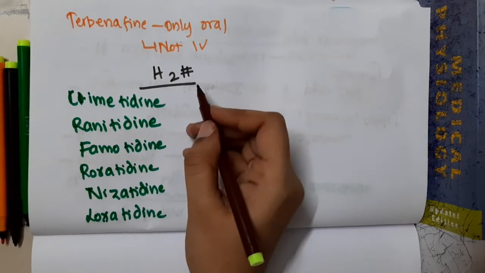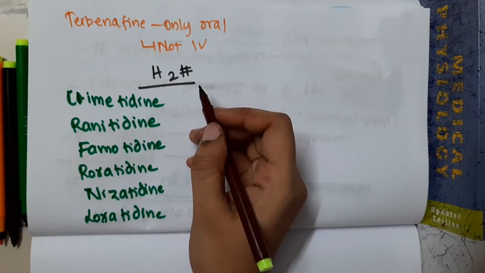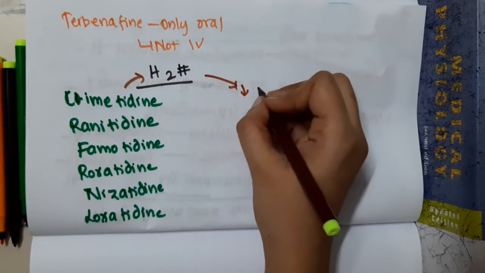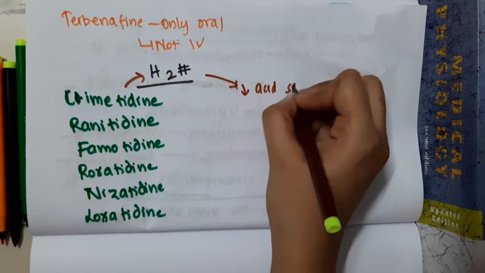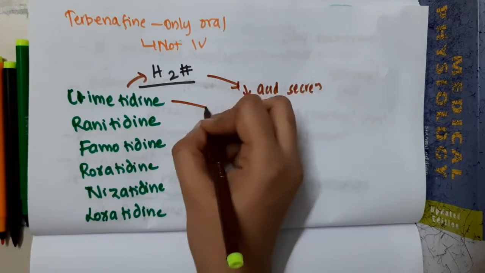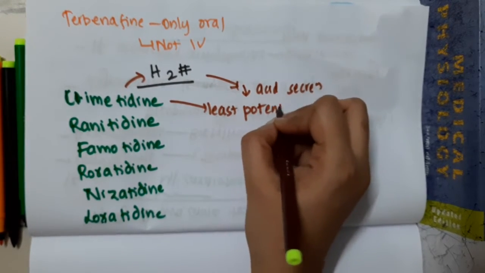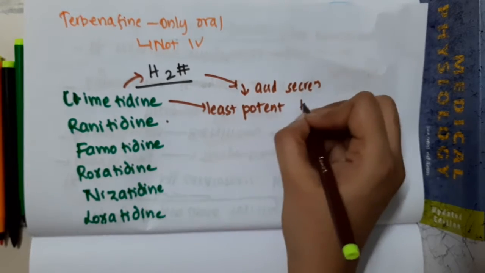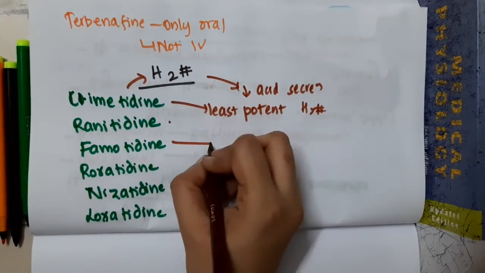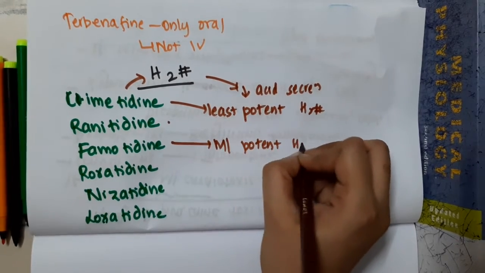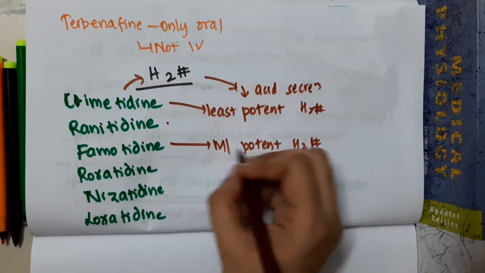These drugs block the H2 receptors, and by blocking the H2 receptors, they decrease the acid secretion, basal acid secretion. Cimetidine is actually the least potent H2 blocker, whereas famotidine is the most potent H2 blocker.